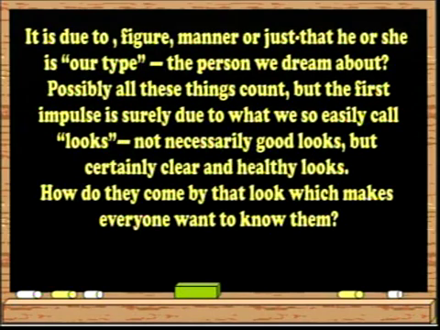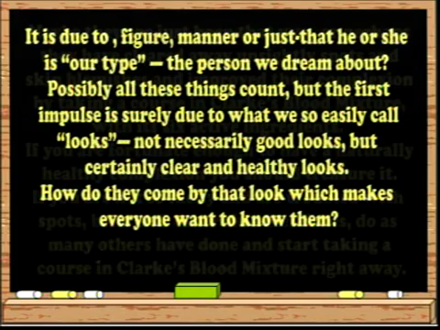Possibly all these things count, but the first impulse is surely due to what we so easily call looks. Not necessarily good looks, but certainly clear and healthy looks. How do they come by that look which makes everyone want to know them?